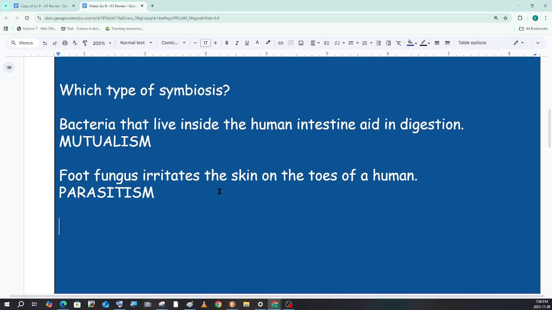All right, let's do one more example here. Sorry, give me a second here. It's kind of tricky to think of another example for the third type of symbiosis that we haven't discussed in class yet.